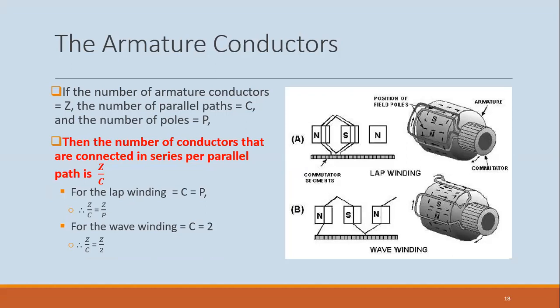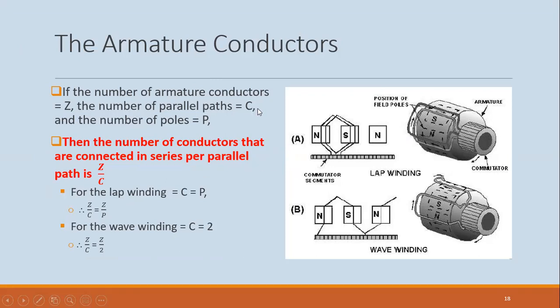All right, now in the armature, you have a lot of conductors. So Z is the number of armature conductors, and the conductors are connected in a kind of series parallel fashion.